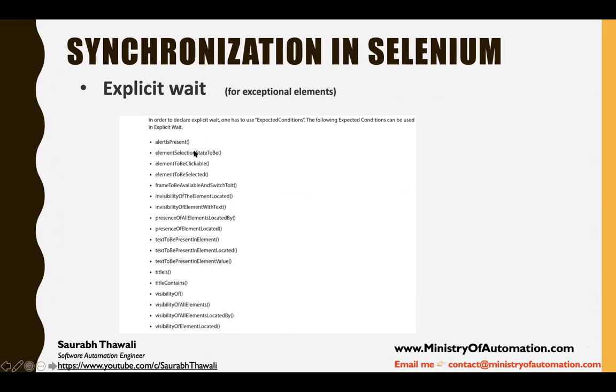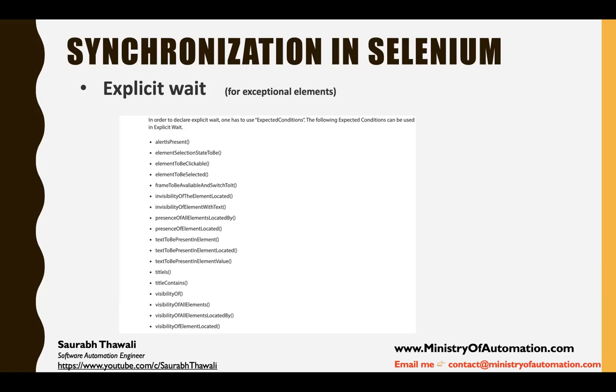If you are checking for element selection state, then you can use that. Then you can check clickable or not, because certain elements will take time to activate. It will take time to make them enabled. Sometimes, on your previous selection, the next element will become either readable or writable, right?